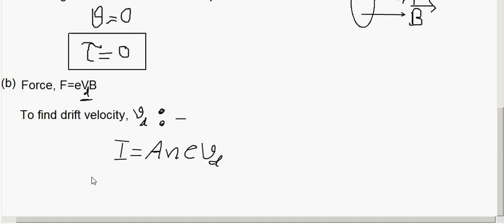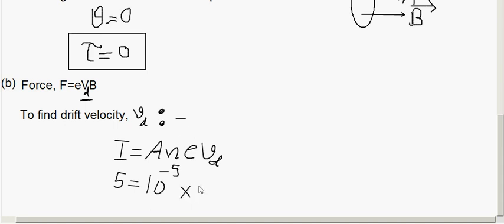The given value of I is 5 ampere, and the cross-sectional area of the coil is given, that is, the coil is made of copper wire of cross-sectional area 10 to the power minus 5 meter square.